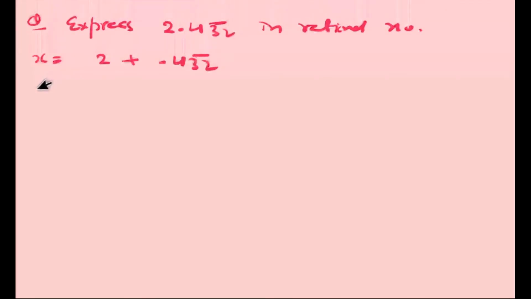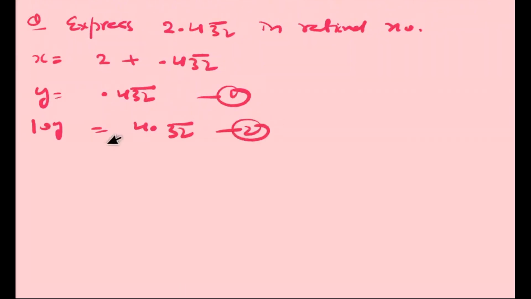So let y equal to 0.432 bar. This is equation 1. Multiplied by 10, we will get 4.32 bar. This is equation 2. Now multiplied by 100, we will get 1000y, then 432.32 bar.